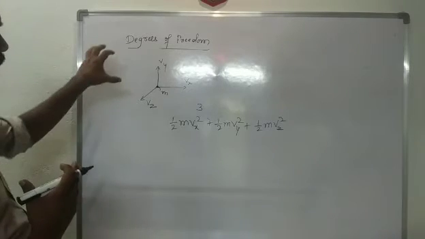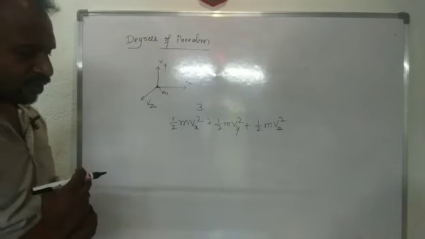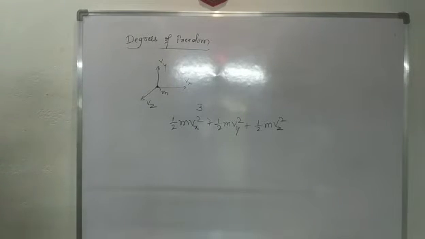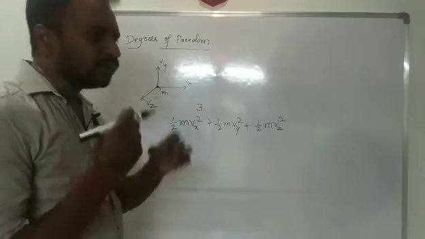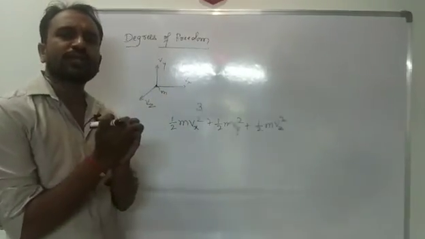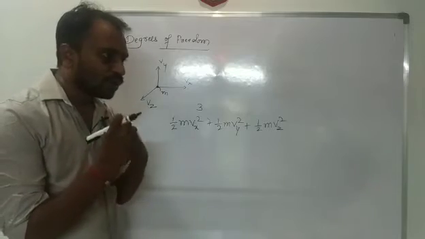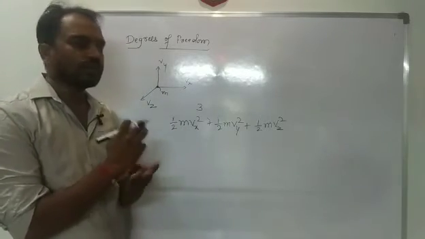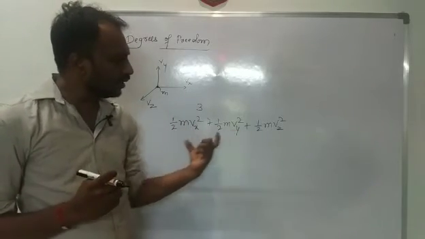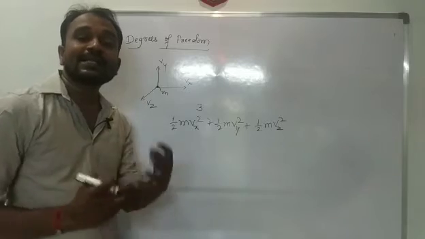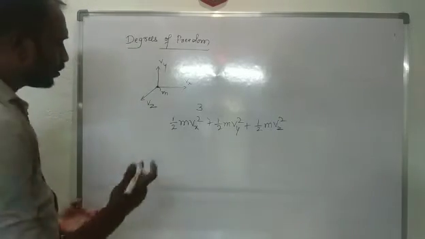For example, a single molecule is a monoatomic gas, for example helium, neon and argon. These monoatomic molecules have 3 degrees of freedom, and these 3 represent translatory motion.